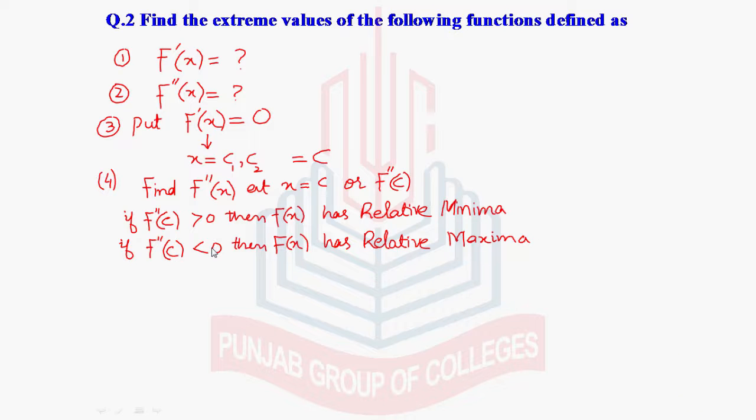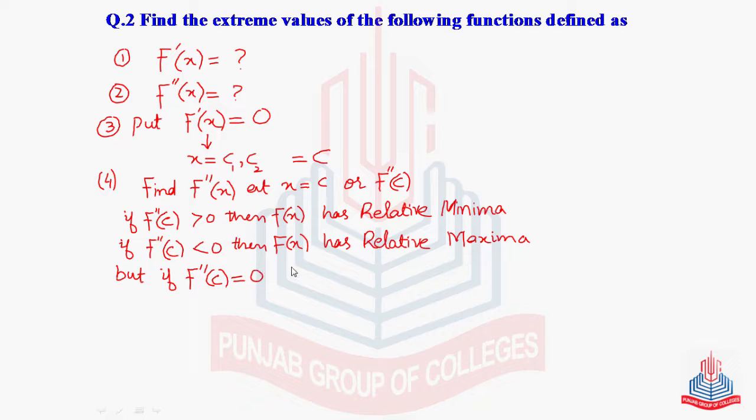But in some cases, if this second derivative at x equal to c becomes 0, then the second derivative test will not help in determining the extreme values.